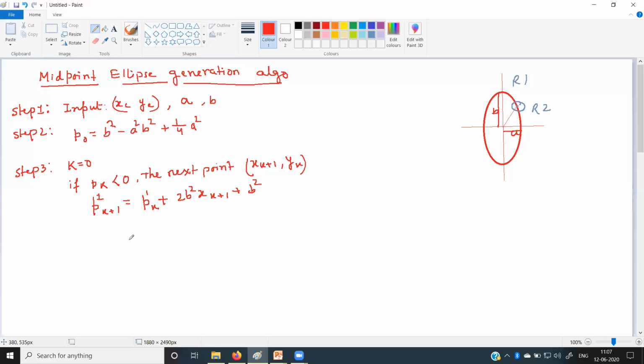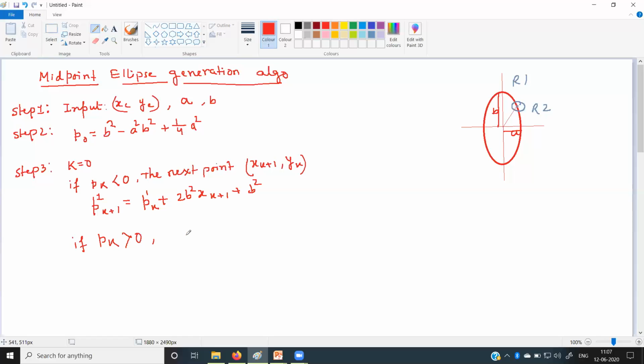Now, in the next step, if pk is less than 0, we will do this thing. But if pk is greater than 0, then what will be the next point?